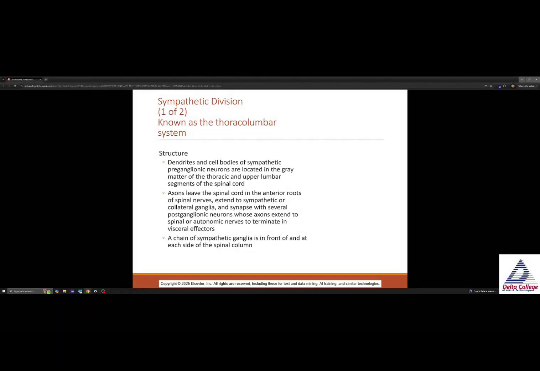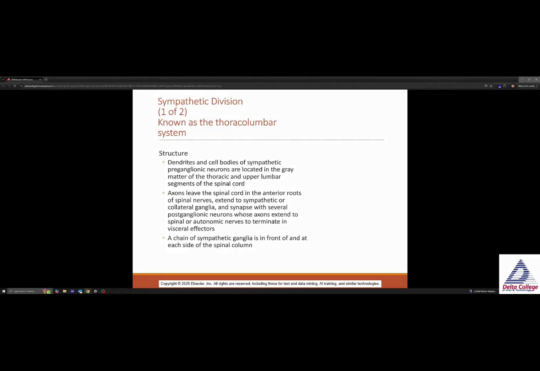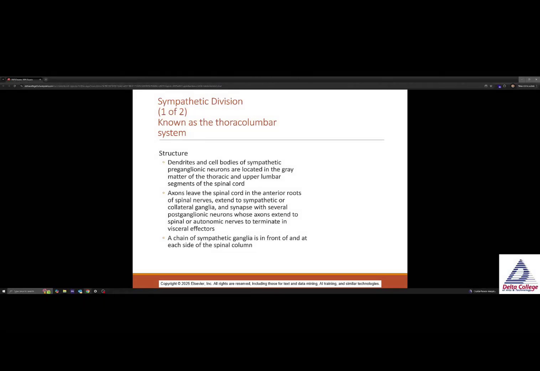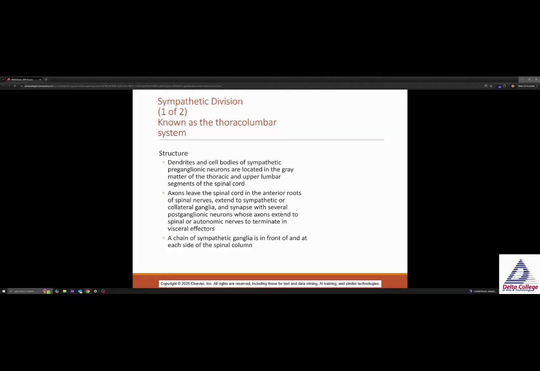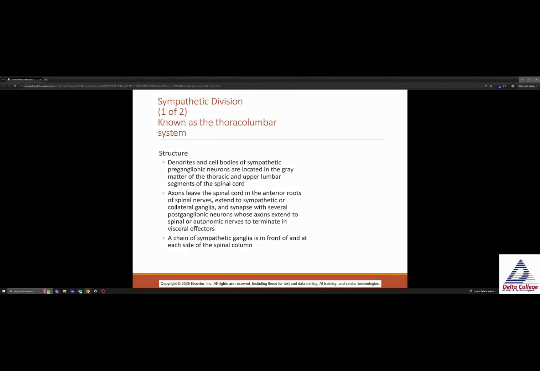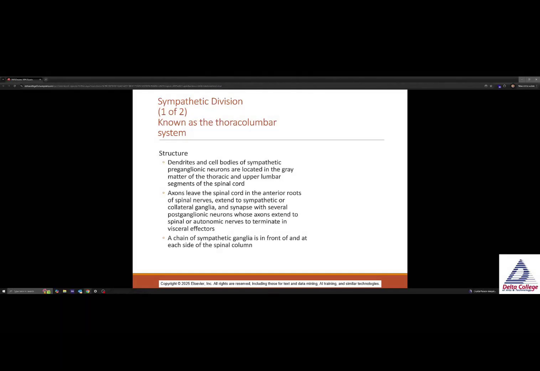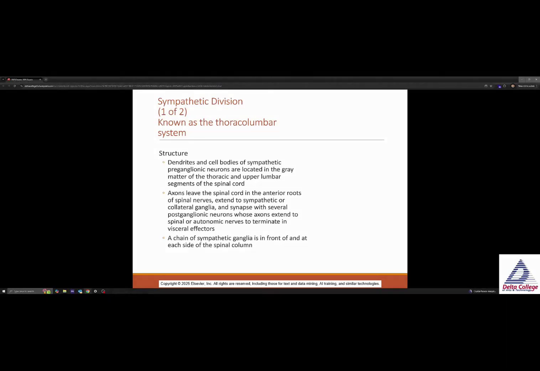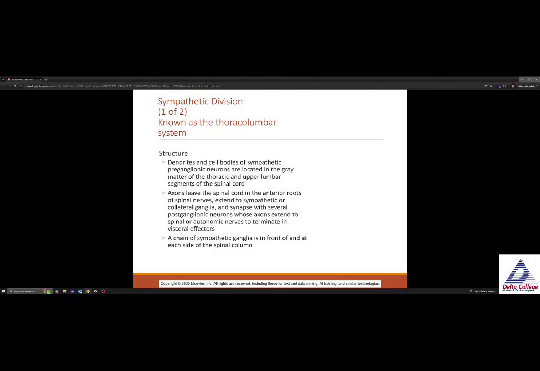So the sympathetic division is also known as the thoracolumbar system. Its structure, made up of dendrites and cell bodies, is sympathetic preganglionic neurons that are located in the gray matter of the thoracic and upper lumbar segments of the spinal cord.